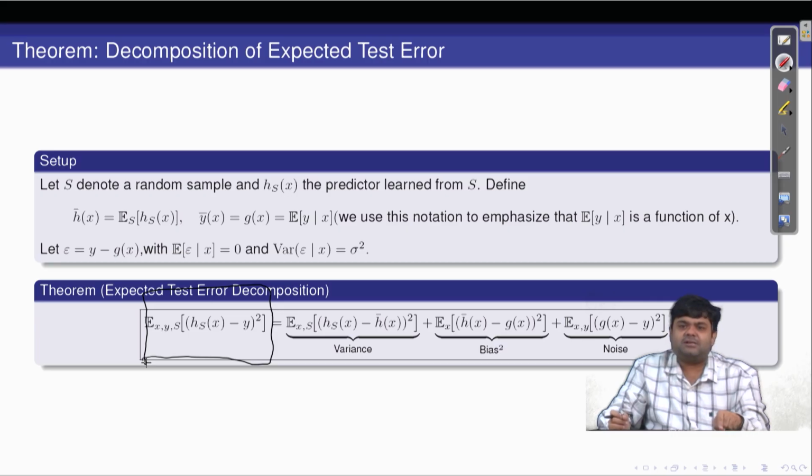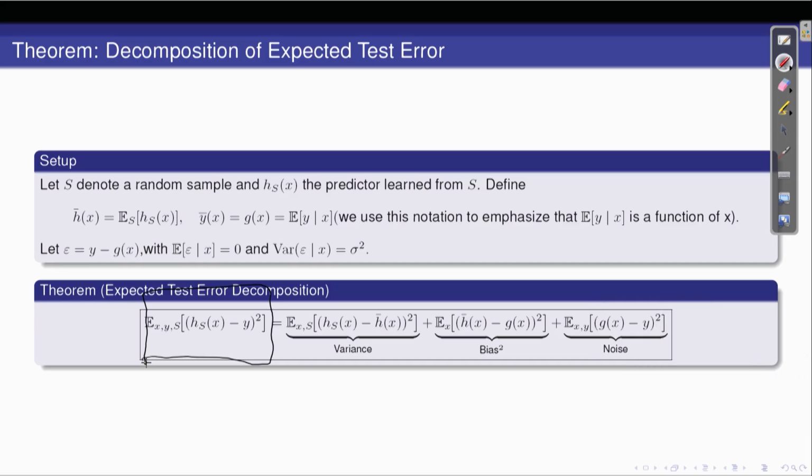This is less means for most samples, the rule produced by the algorithm HS predicts y accurately for most points x, y. That is, for most samples S and most points x, y, the predicted value HS(x) is very close to the actual value of y. So, this less means that.